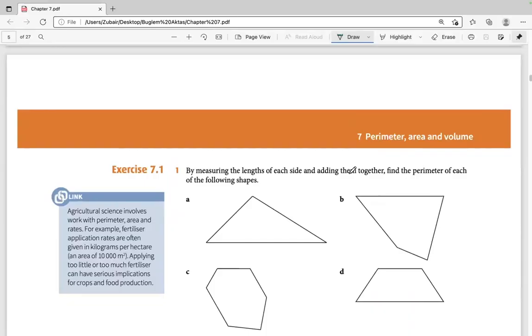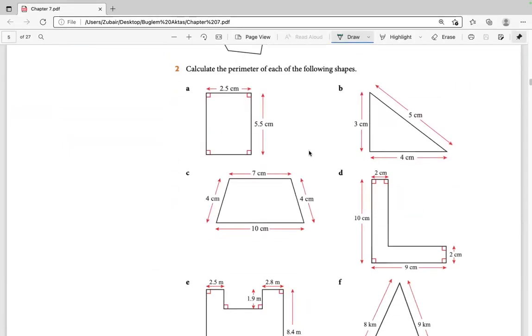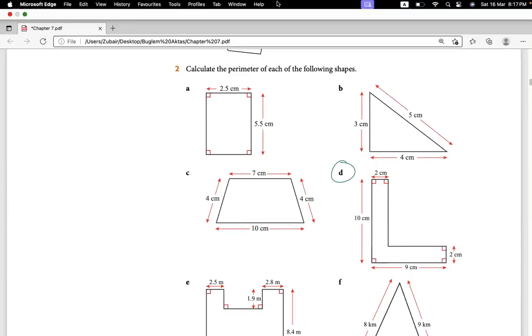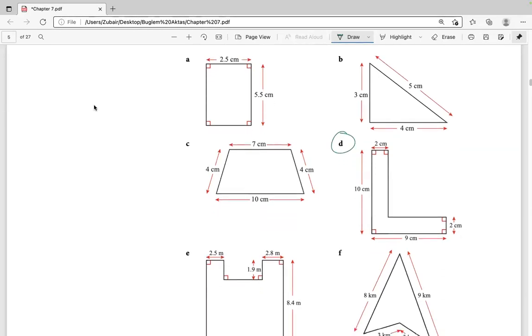Let's try some. Perimeter. Try this D part. 38.